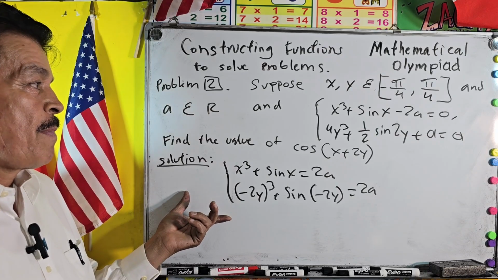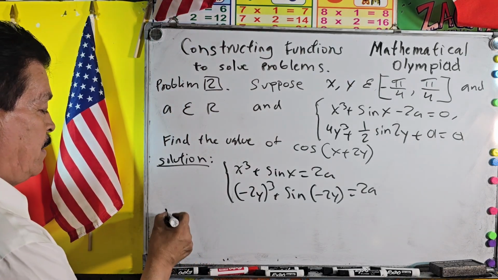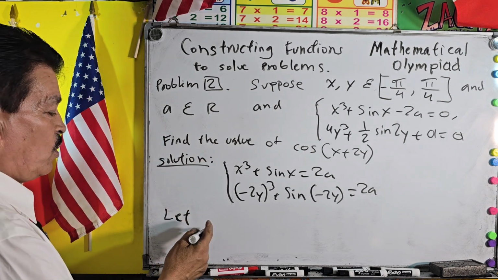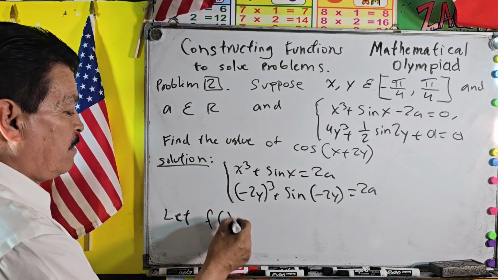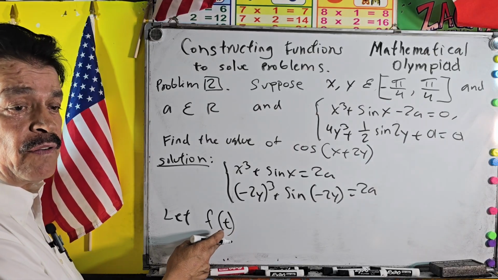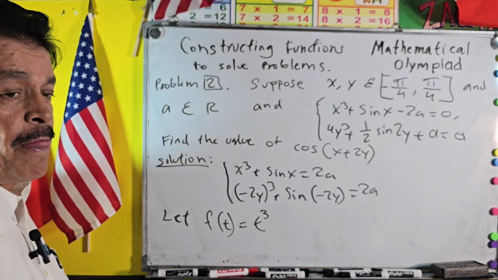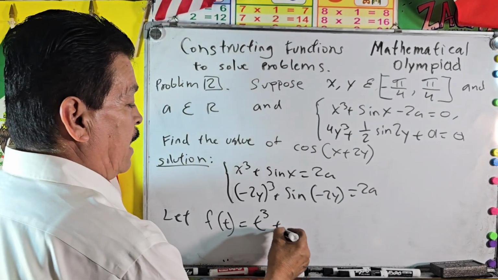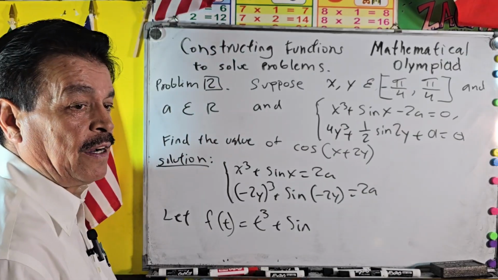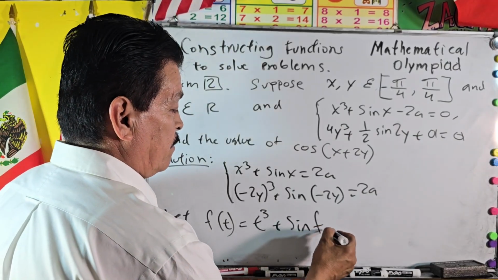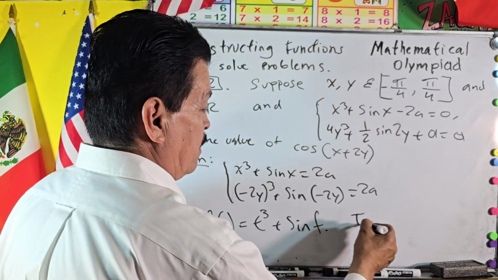So here, look at this. Let f of t equals t to the third power plus sine t.